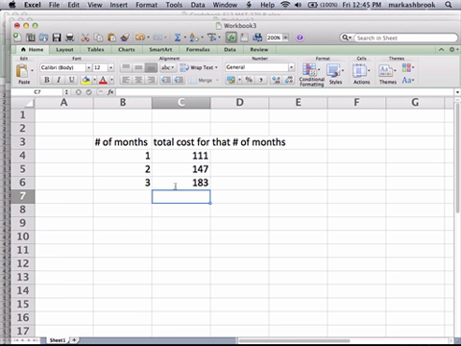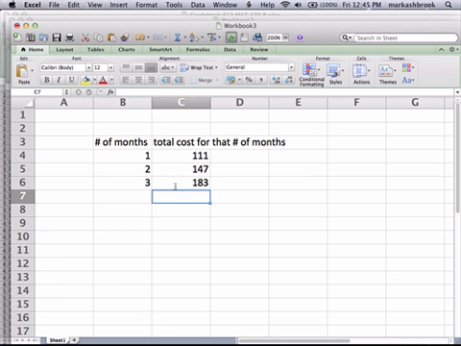There's always a $75, and then you're paying how much per month? 36 per month. So you've got the 75, and if it's 2 months, you have plus 2 36s, and if it's 3 months, you have the 75 plus 3 36s. That's where this comes from. Make sense? So proportional or not?